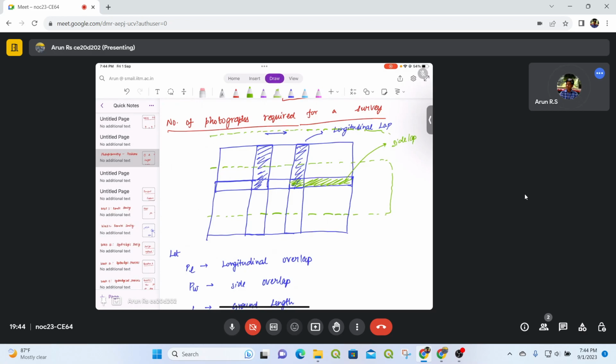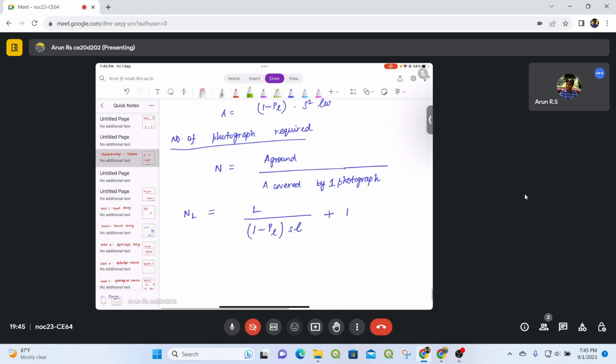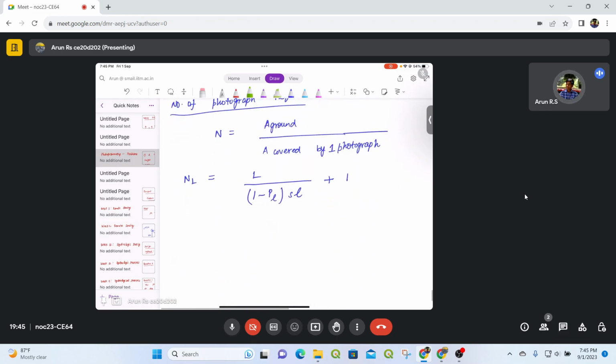So this is your first path, then you would have taken a turn, then this is your second path, then here it would have come, then this is your third path, and you come this side, and then the fourth path. So you will have one extra photo on either side.